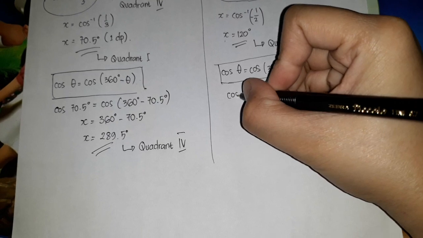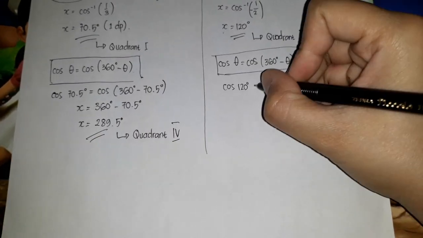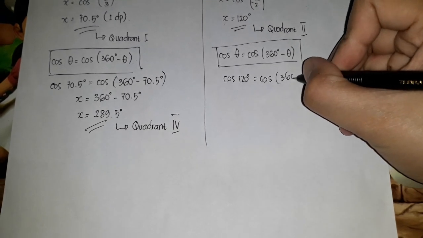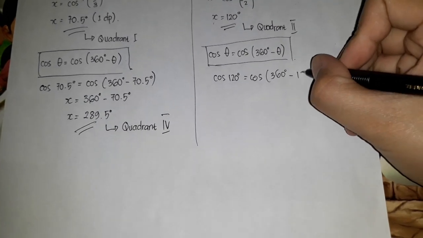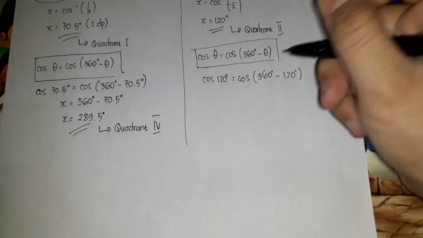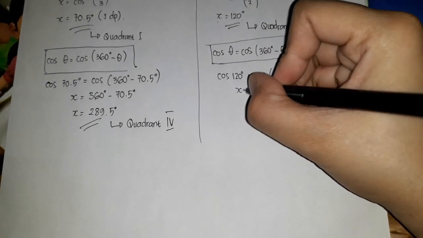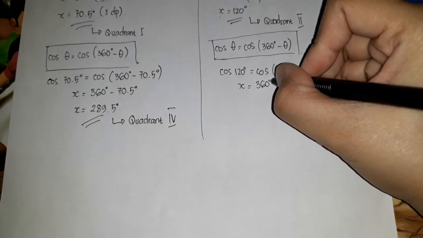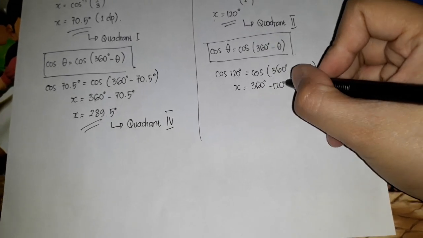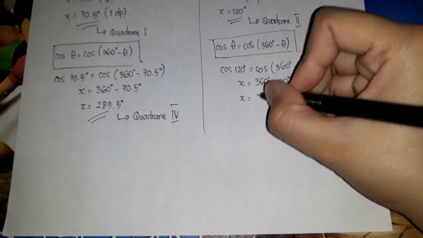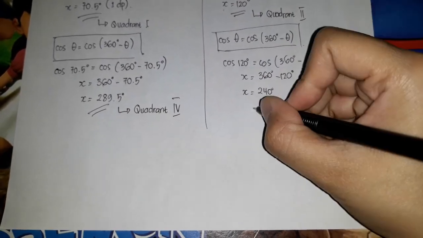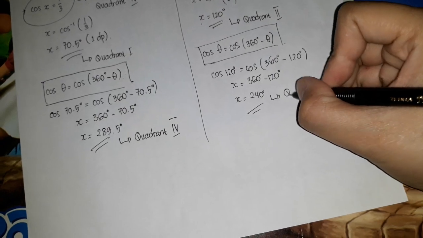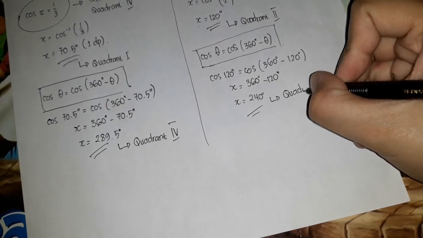So cos 120 degrees is equal to cos of 360 degrees minus 120 degrees. So x is equal to 360 minus 120. So x is 240 degrees. And this is the value of x where x is in quadrant 3.